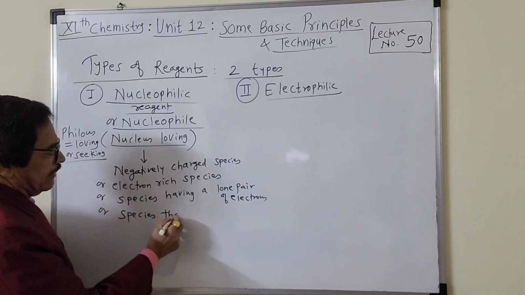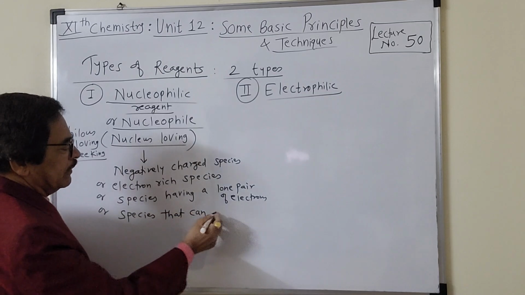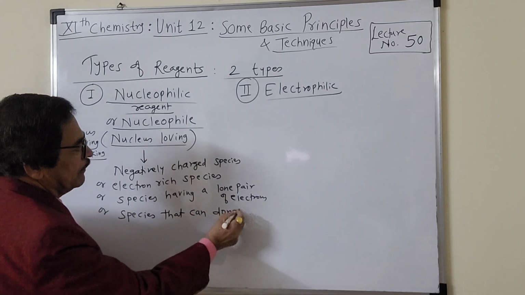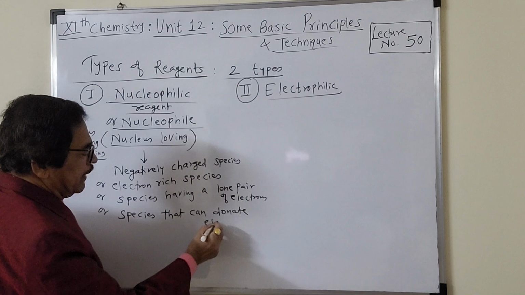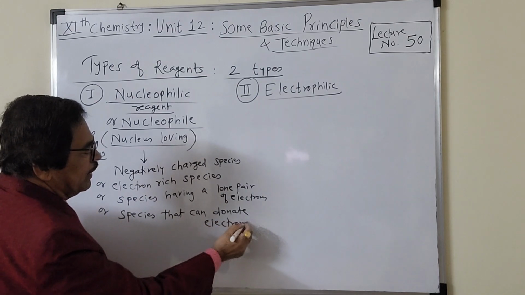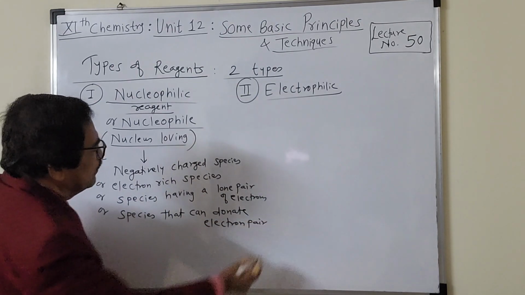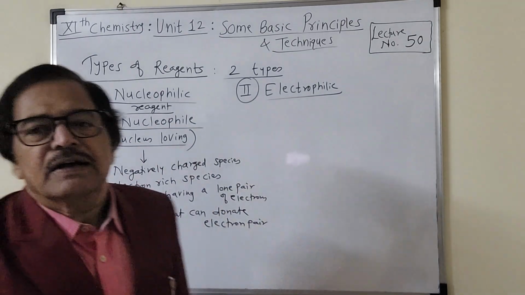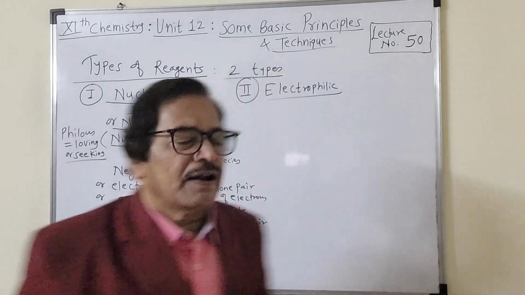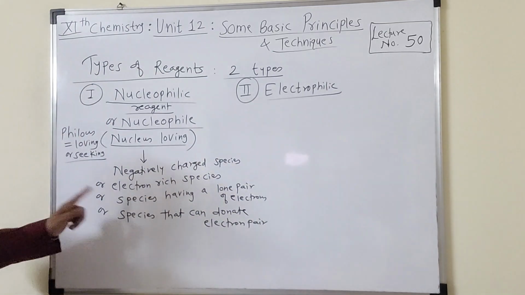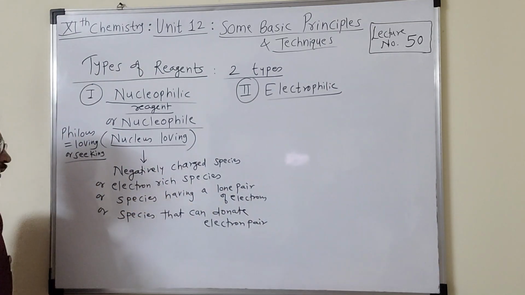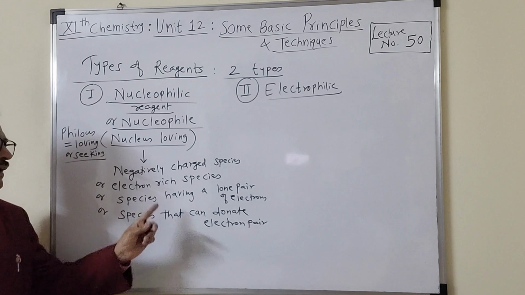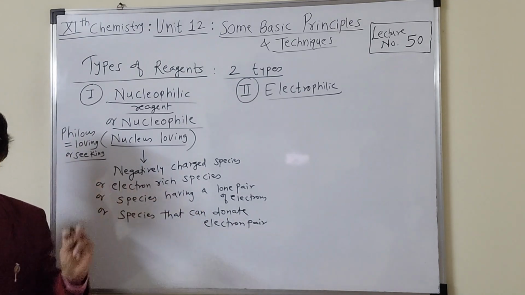Species that can donate electron pair, जो अपनी इलेक्ट्रॉन पेयर दान कर सकता है, डोनेट कर सकता है, that will be known as the negatively charged species or electron rich species, and that is also called as what, species having a lone pair of electrons or species that can donate electron pair.